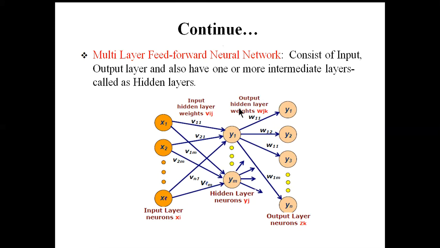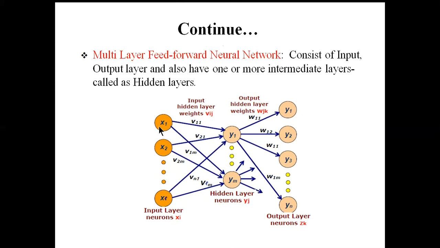In a multi-layer feed forward neural network, there is another intermediate layer that is called the hidden layer, and the nodes are called hidden layer neurons. Okay, so it is possible to have multiple hidden layers with multiple hidden neurons. This type of structure is called a multi-layer feed-forward neural network.